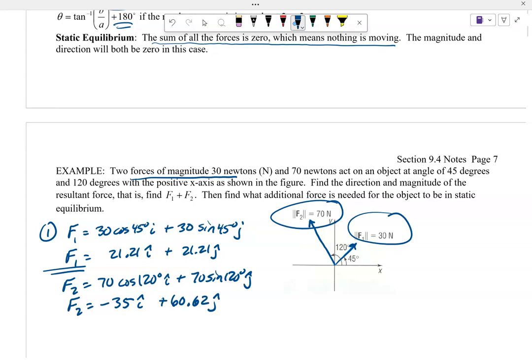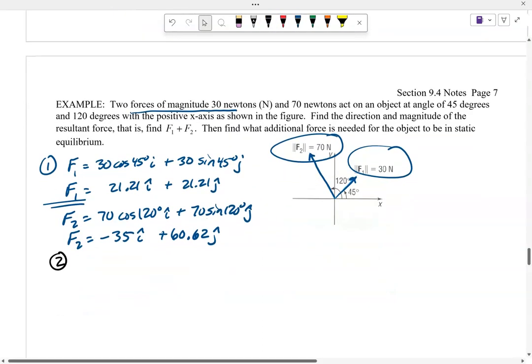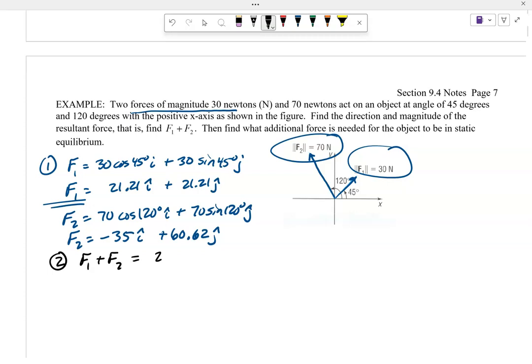Now we can add them. So let's add and find the resultant vector. Step number 2, F1 plus F2 would be 21.21i plus 21.21j plus negative 35i plus 60.62j.